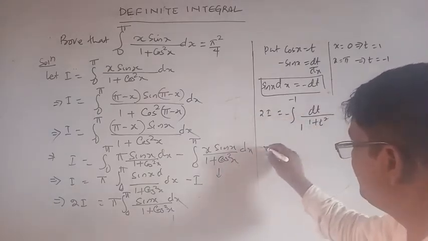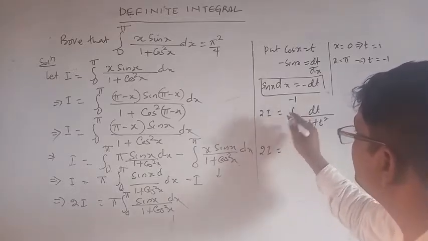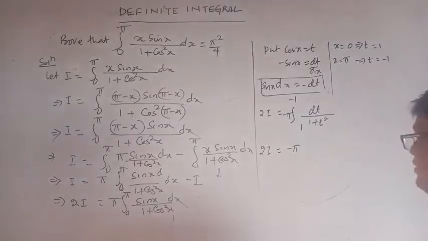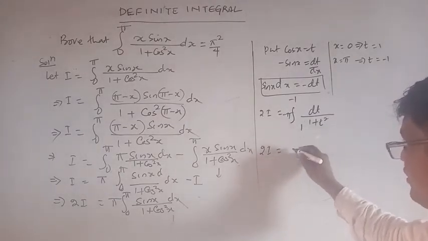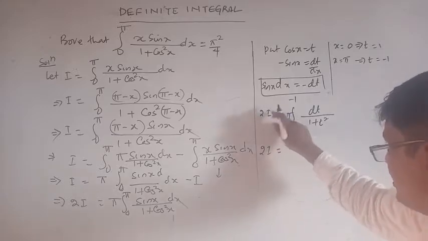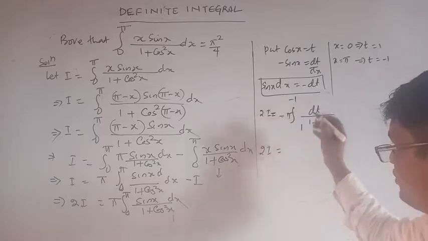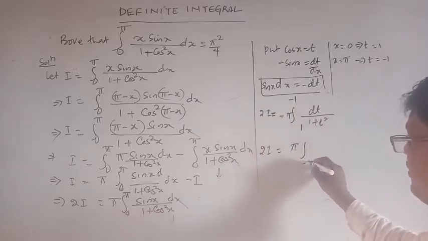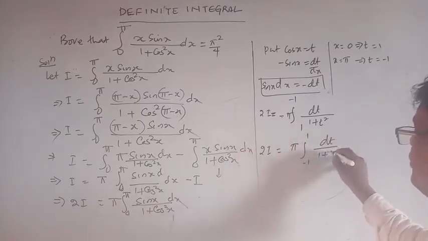So changing the limit, 2I is equal to, here pi is present, so pi into minus integral from 1 to minus 1, and on changing the limit, plus integral minus 1 to 1 dt by 1 plus t square.